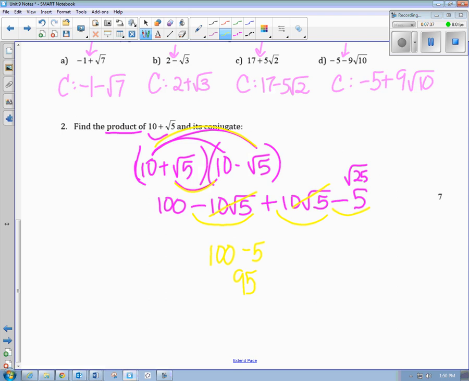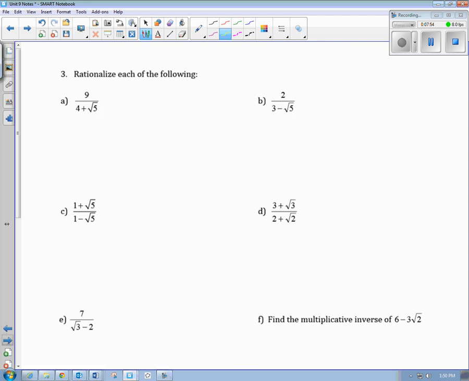Essentially what happens on this is we start with something that has a radical in it, multiply it by its conjugate, and end up with something that doesn't have a radical.